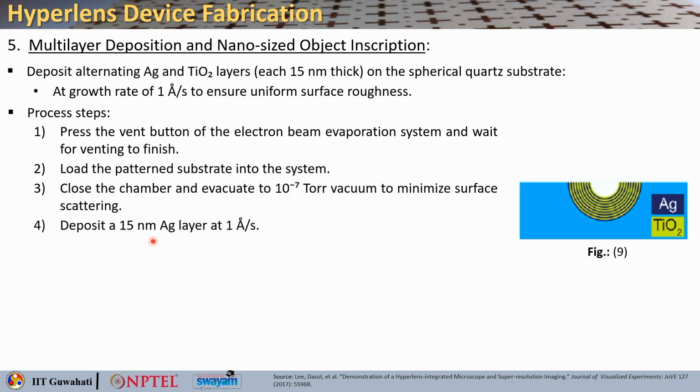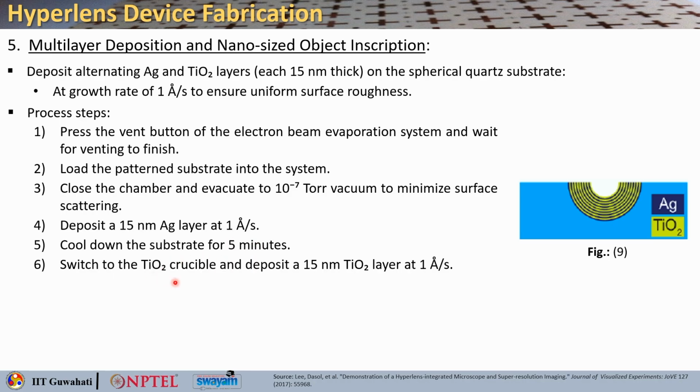Then you deposit a 15 nanometer silver layer at a deposition rate of 1 angstrom per second. Let the substrate cool down for 5 minutes, and then you switch to the TiO2 crucible and deposit a 15 nanometer TiO2 layer at 1 angstrom per second again.